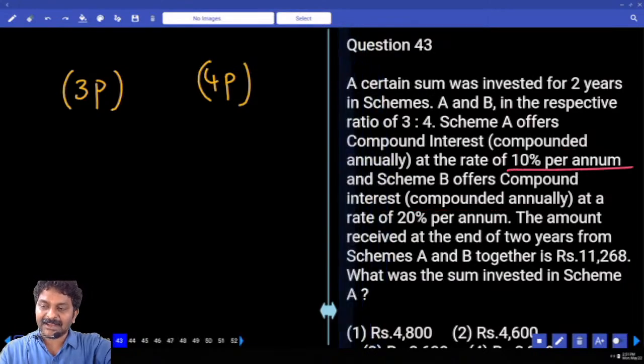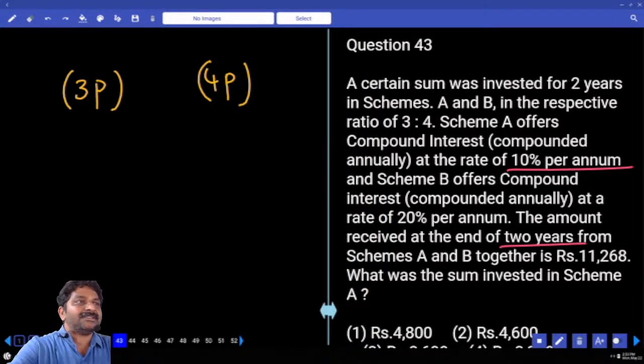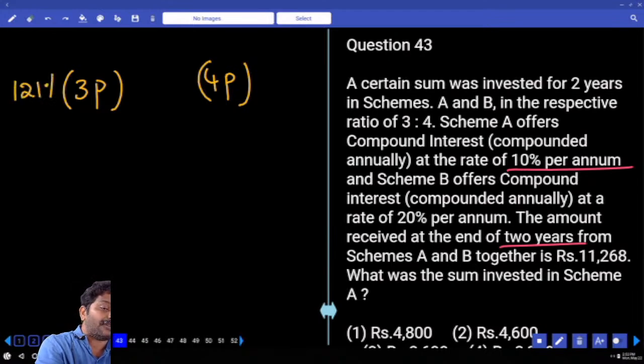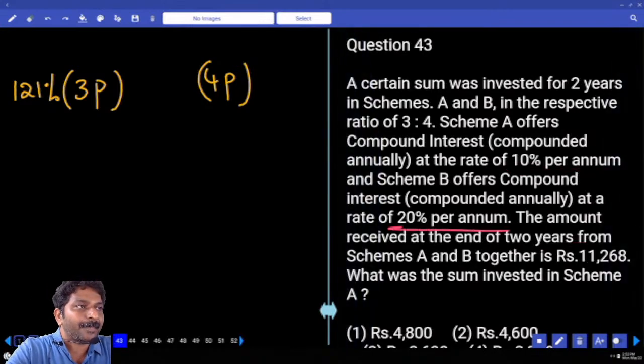The first one is calculated at 10% per annum, for 2 years. Compound interest for 2 years at 10% per annum gives 21%. Amount? 121%. Correct?